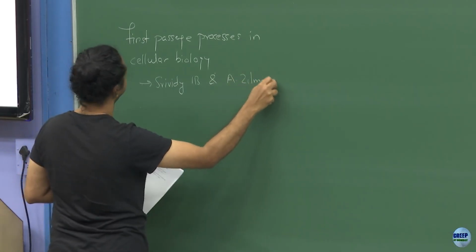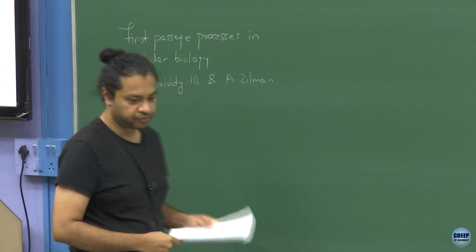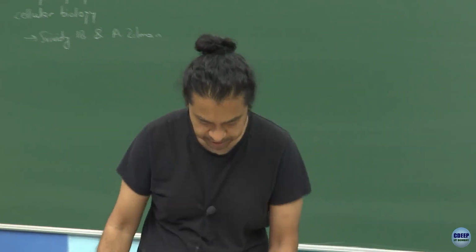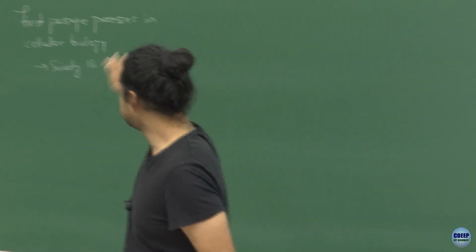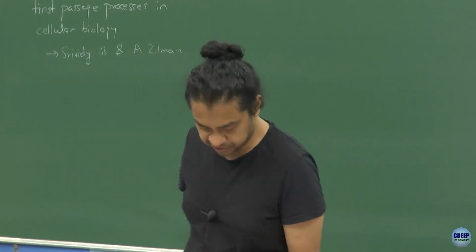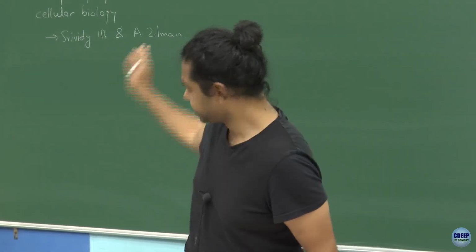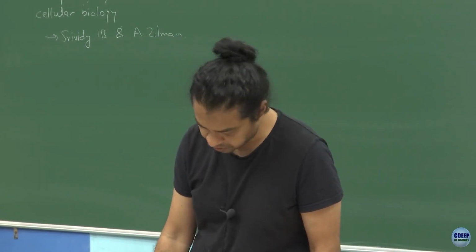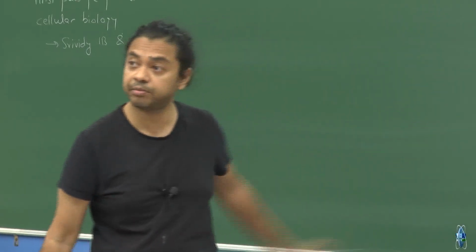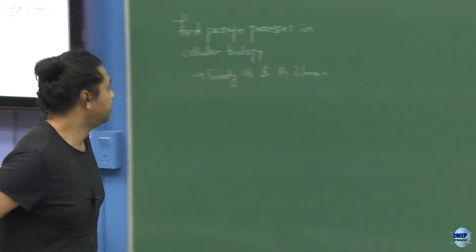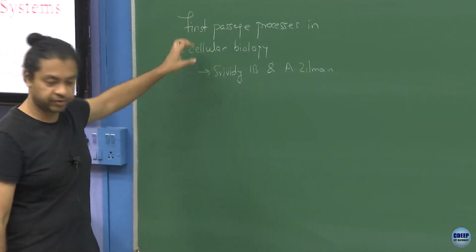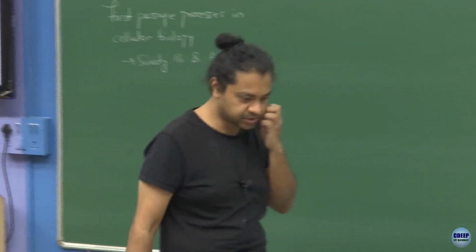So this is a sort of review of first passage processes in cellular biology. It has a lot of the formalism as well, briefly. In fact, I think this is partially where my backward notes are from. And then it has a bunch of examples in biological context where you use these methods. Okay, so today I'll discuss one of these examples, which is cell division.